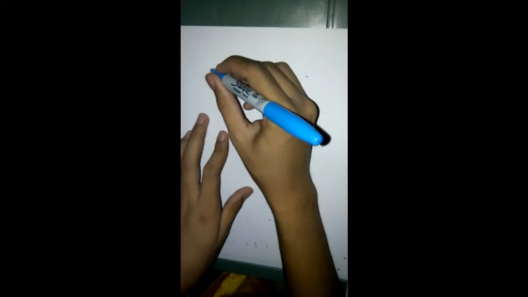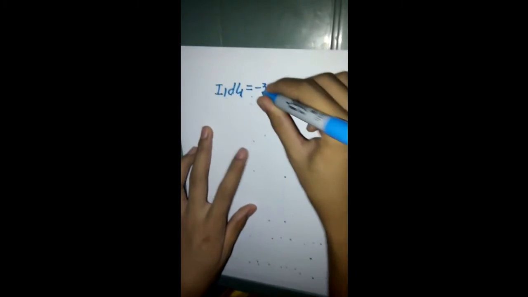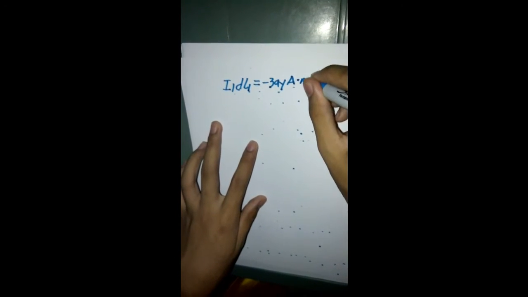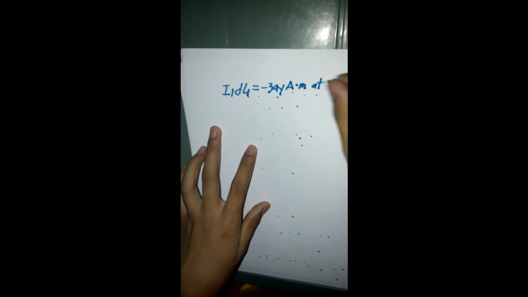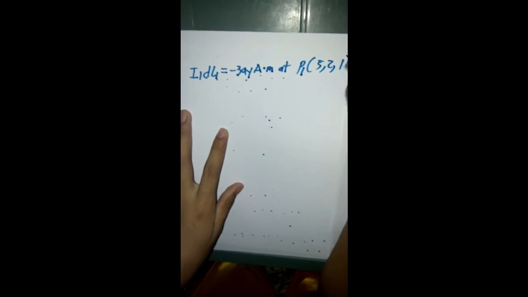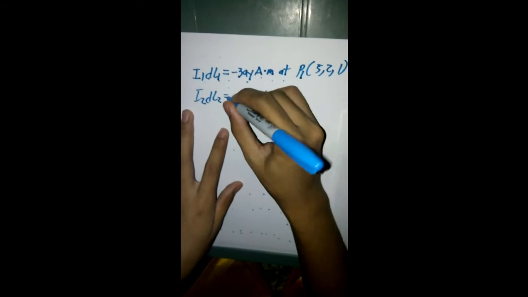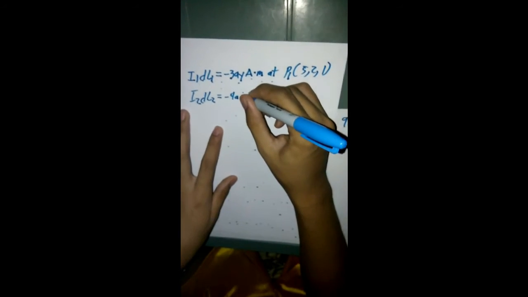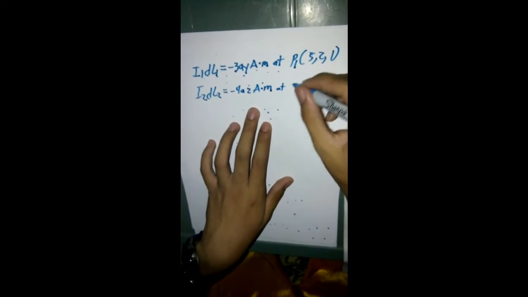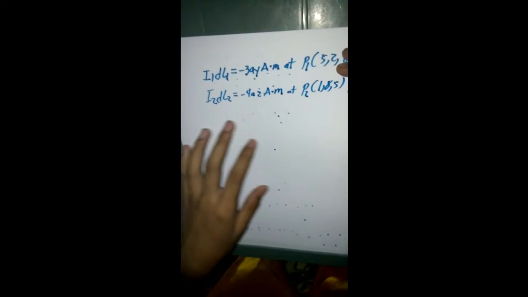We have I1 dL1 equals negative 3 ay A·m at P1 (5, 2, 1), and I2 dL2 equals negative 4 az A·m at P2 (1, 8, 5).